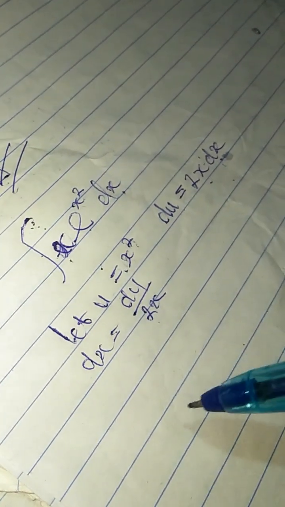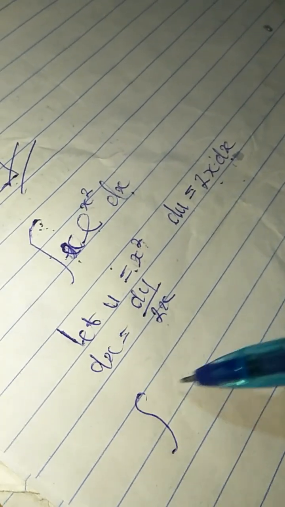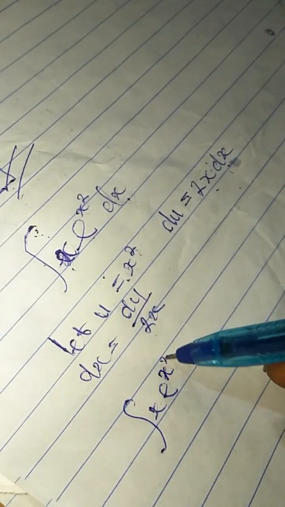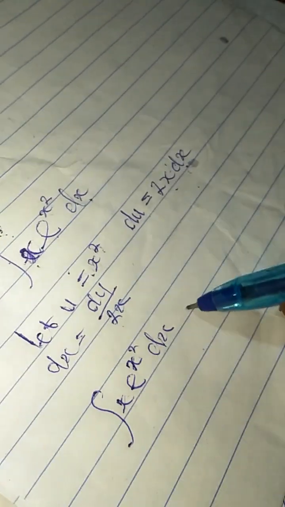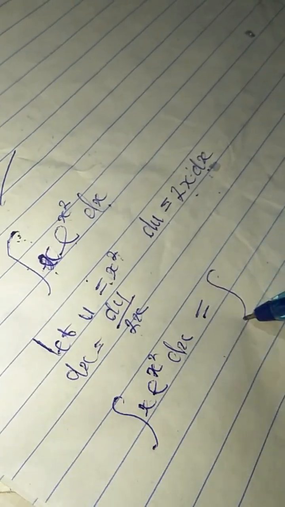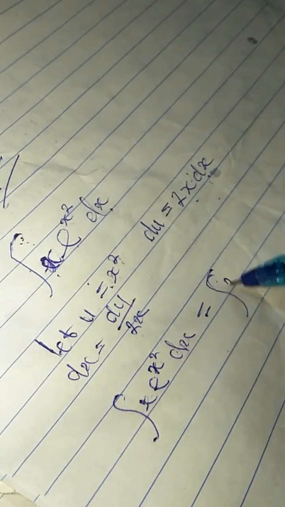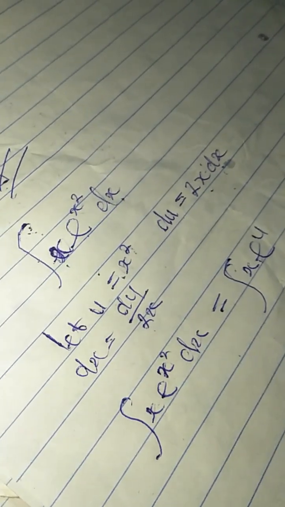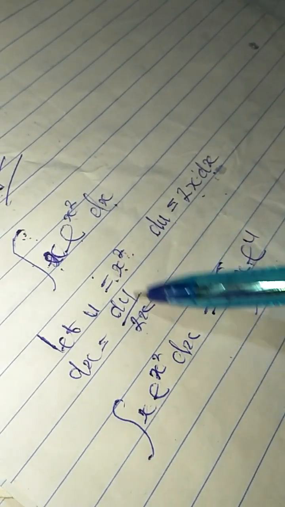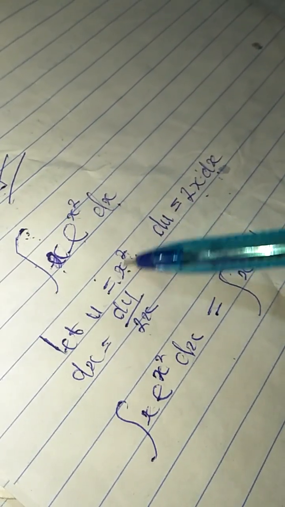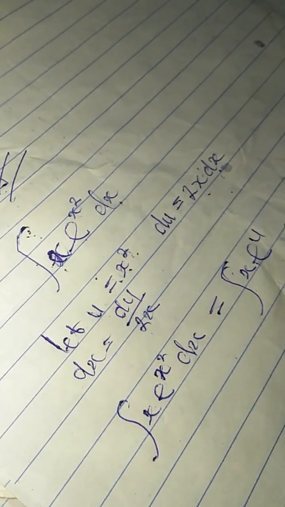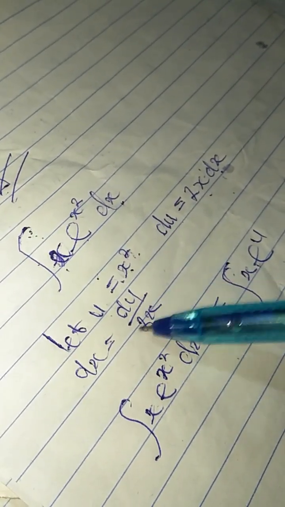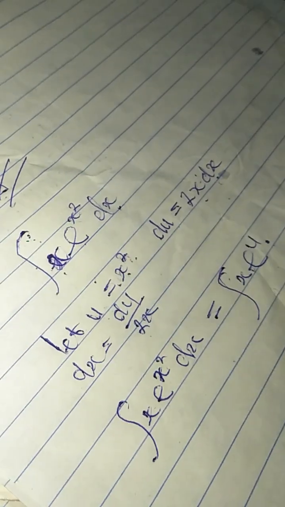So the integral of x e^(x squared) dx will be equal to the integral of x e^u, because we replace x squared by u. And in place of our dx, we put du over 2x.